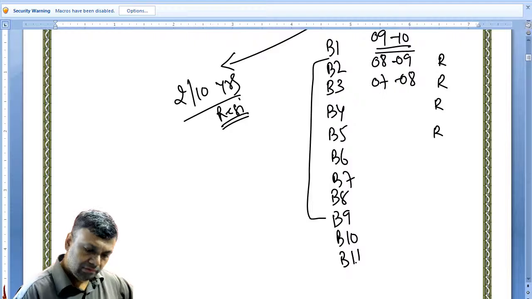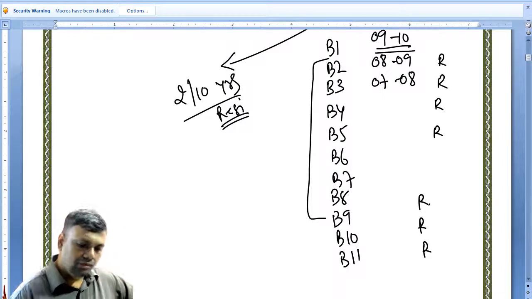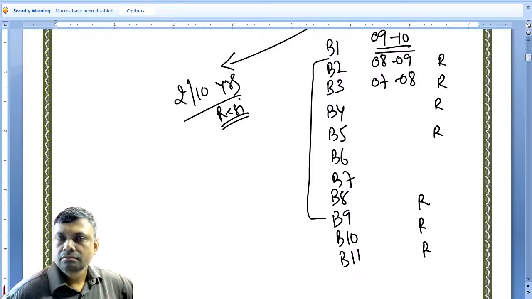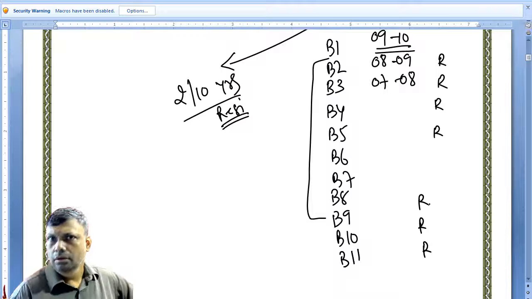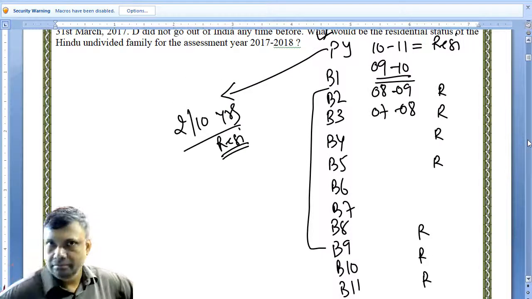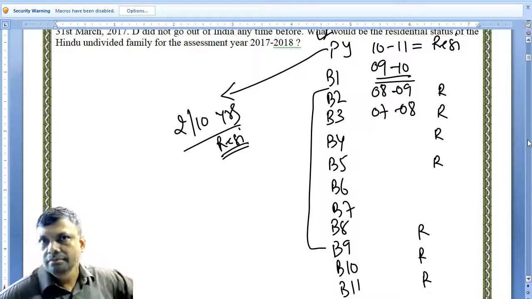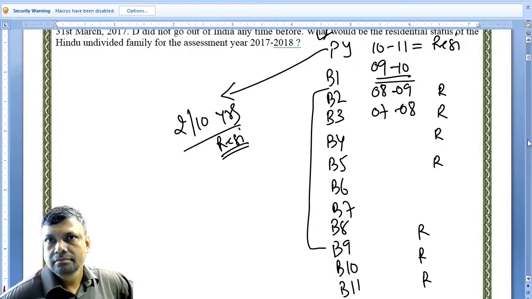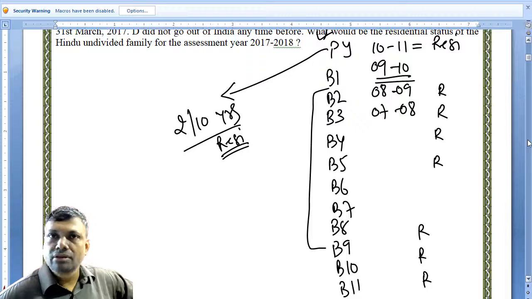Now 7 years. Suppose you take 1, 2, 3 and 4 there. Any 7 years you write, the choice is yours. But you want to satisfy the test of only 2 out of 10 years, that is before 10-11. That is a 1 year difference. So logically this test of 2 out of 10 years is going to get satisfied.